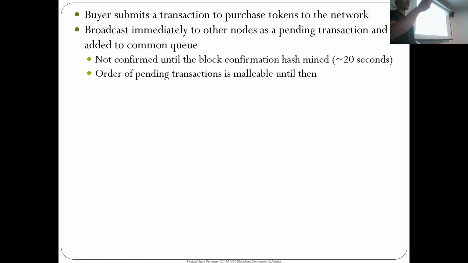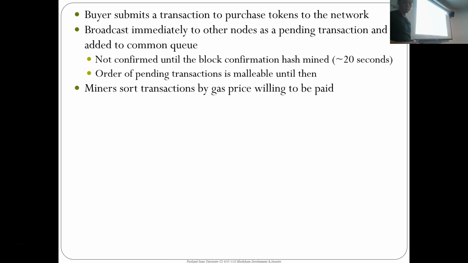When you go to Etherscan and you see the transaction pending, that's because it's in this pool, waiting to be selected by a miner, and then waiting for that miner to successfully mine the block so it can be confirmed. Until then, the ordering of all the pending transactions in that pool is malleable. You can shift those transactions up and down.